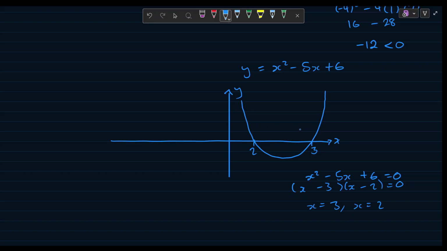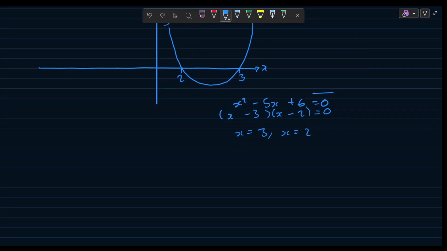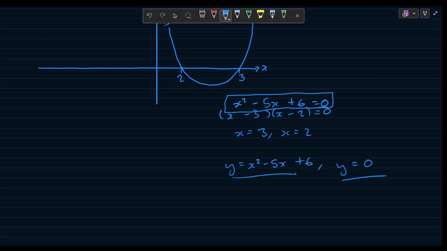The idea here is that, like we said, when we have this equation here, it means that the two equations that we started off with are y equals x squared minus 5x plus 6 and y is equal to whatever was on the right hand side, the 0. So we had these two equations, then we solved them simultaneously. So we equated those two equations together to then get x squared minus 5x plus 6 is 0.